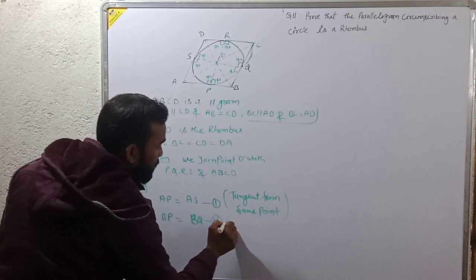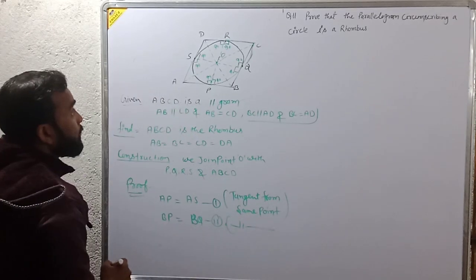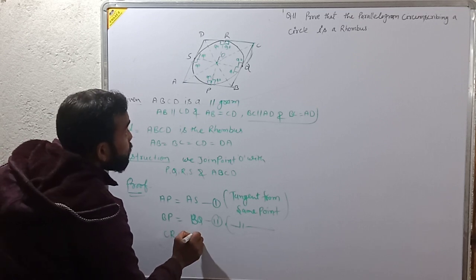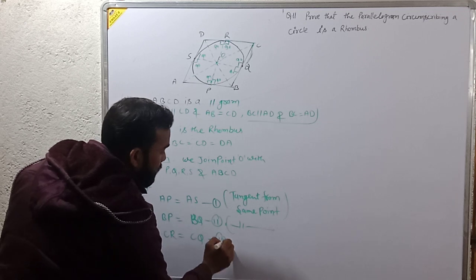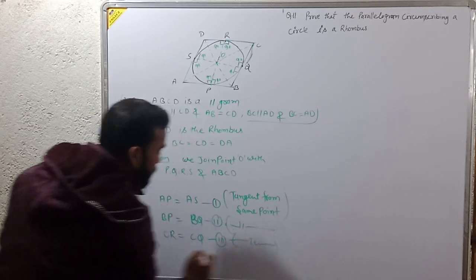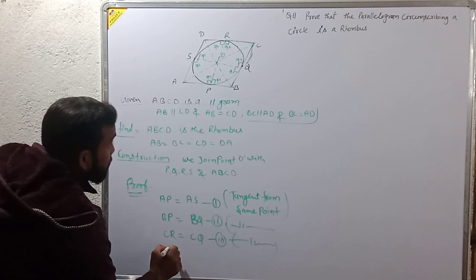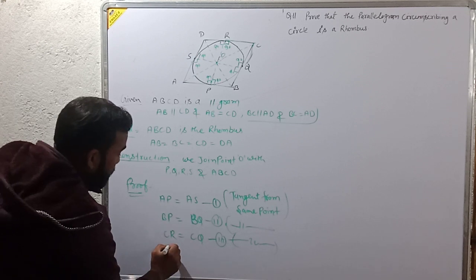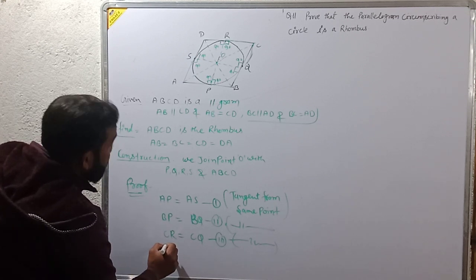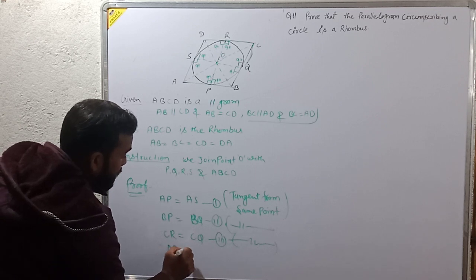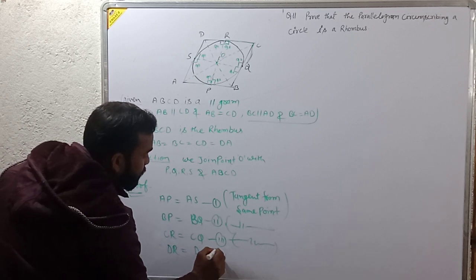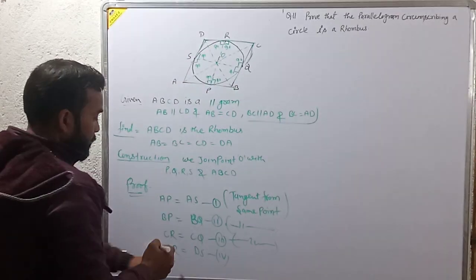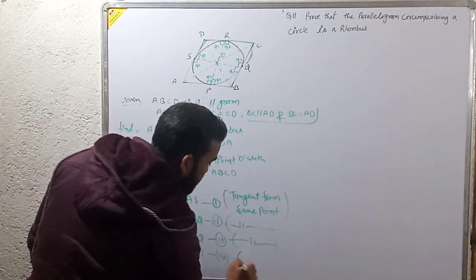This is equation number second, reason is the same. And CR equals CQ. This is the third, reason will be the same. And at point D, DR is equal to DS. This is equation number fourth, reason will be the same.